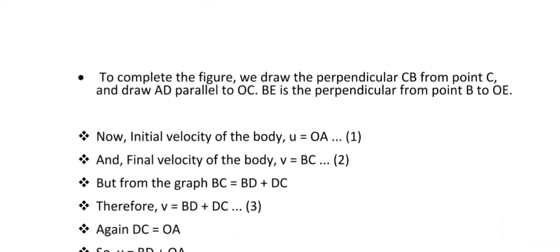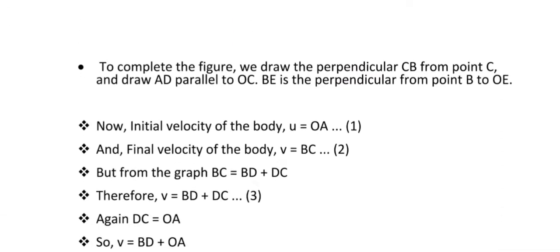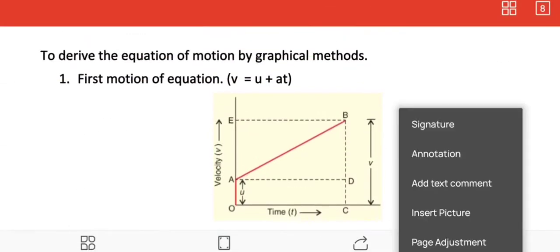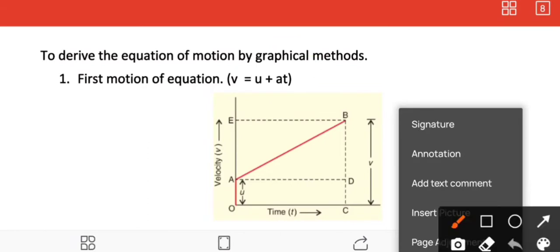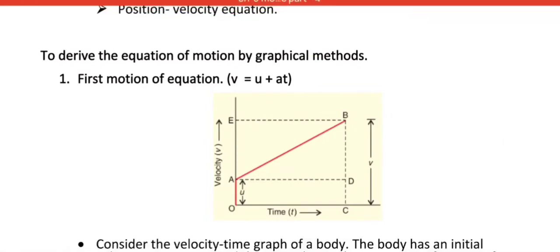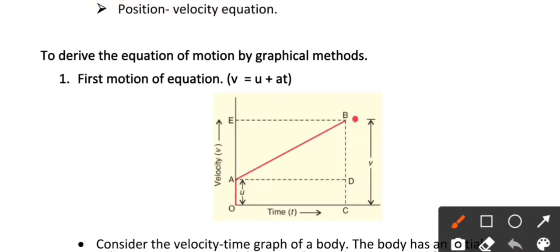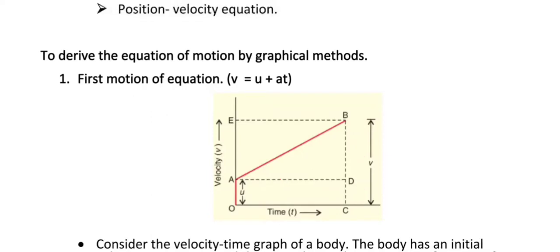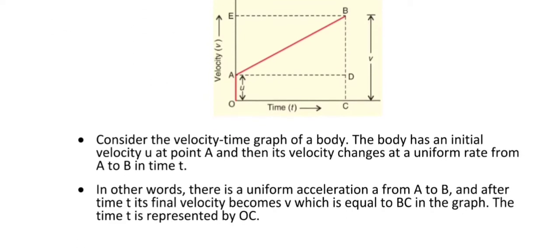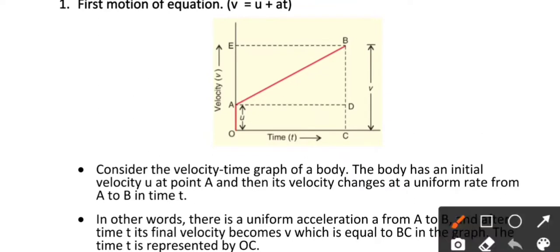In the graph, the time t is represented by OC. To complete the figure, we'll draw the perpendiculars, the dotted lines you can see in the picture, BC and AD. From this, we need to find the slope, because we know the slope of the velocity-time graph gives you the information about the acceleration.